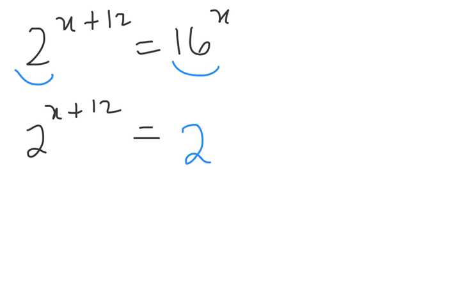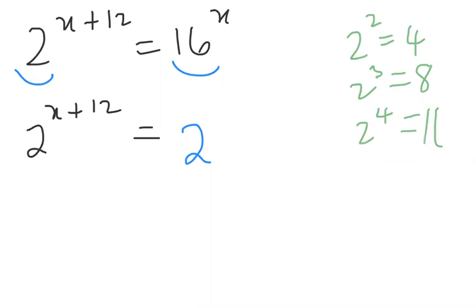What is 16 a power of? 2 squared is 4, 2 to the power 3 is 8, and 2 to the power 4, that is 16. So again, it's 2 to the power 4. So let me just do this. Keep that in a bracket, because that is a 16, which is 2 to the power 4 that we brought down. And let's just keep the x by its side for now.